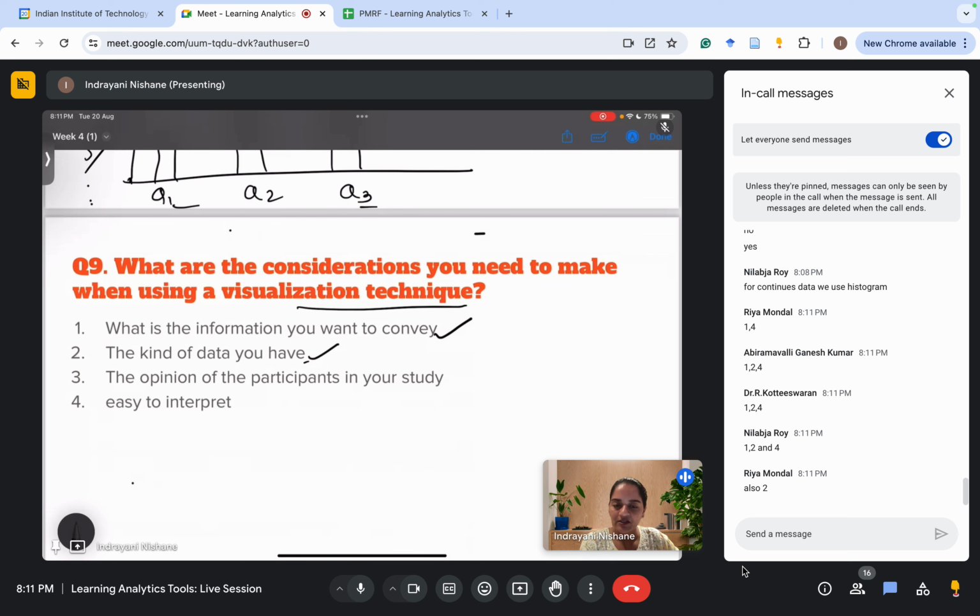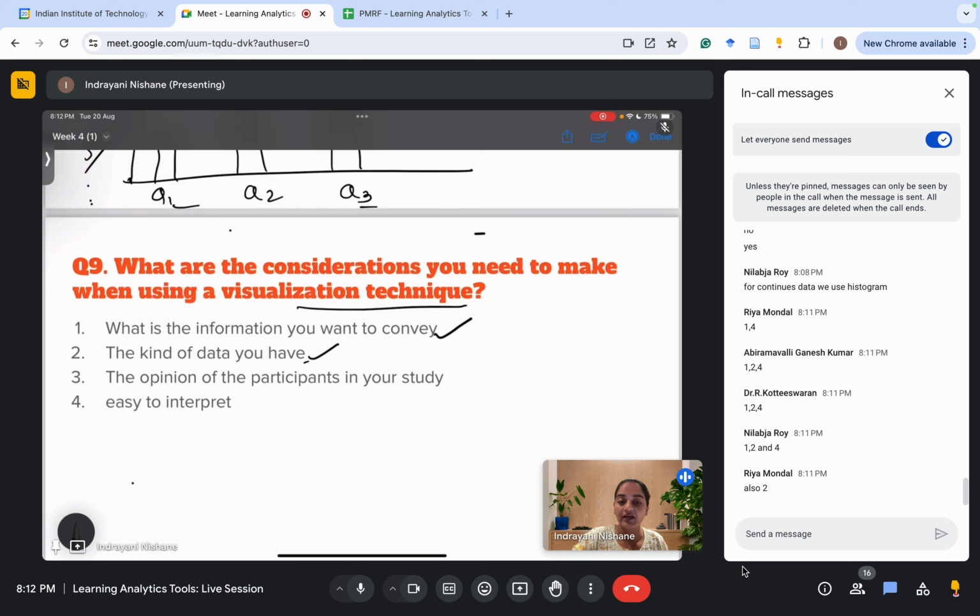Opinion of participants in your study, not so much. If that is not relevant for us, we will not consider it. What if it is important for our research questions, or the point which we are trying to investigate?